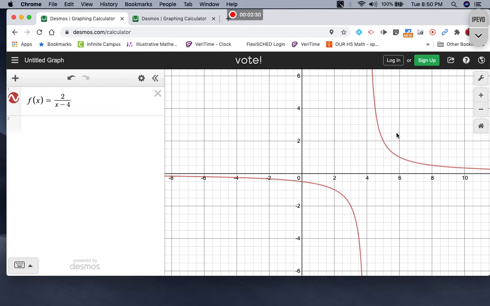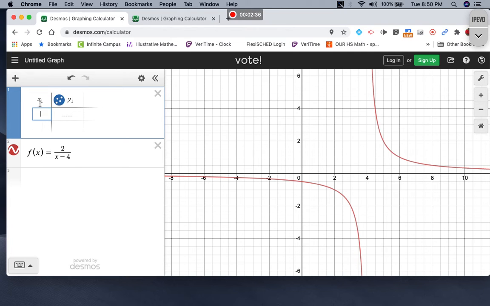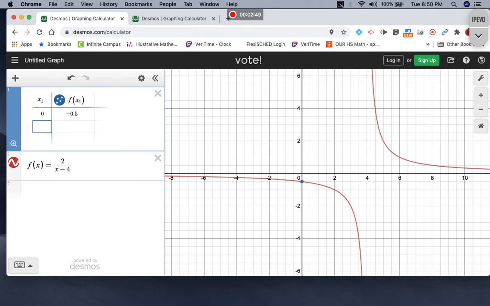So let's look a little closer at what's happening here. So I'm going to make an XY table. And instead of y, I'm going to make this f of x. So if I plug in a number here, say 0, I get 0.5. And it's on my curve, because this graph should show points that work in this function.